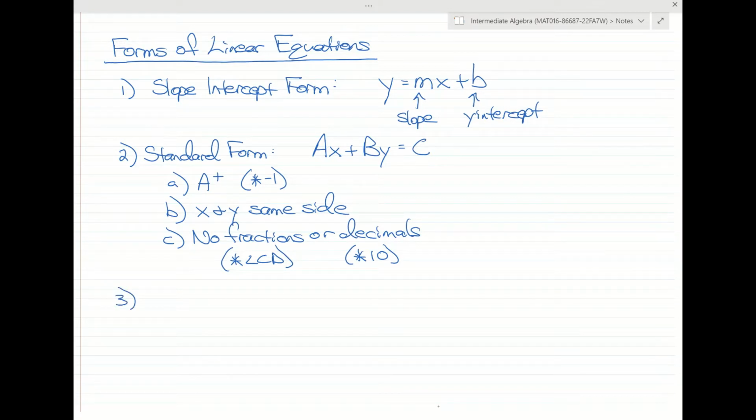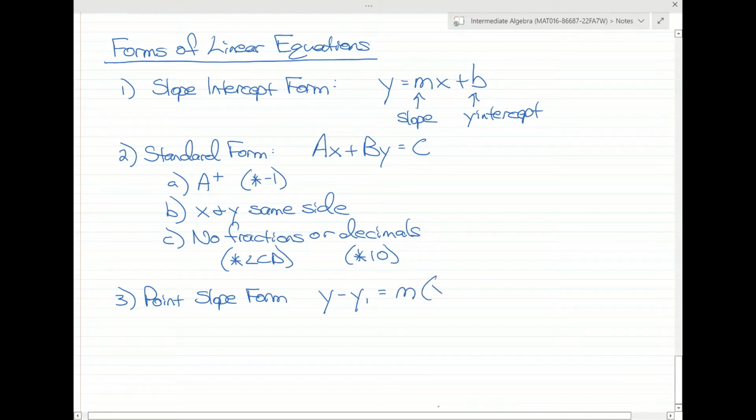And the third type is called point slope form. And this is y minus y1 is equal to m times x minus x1.